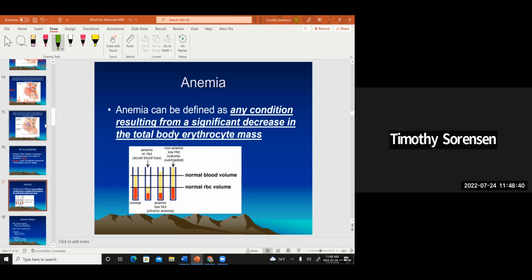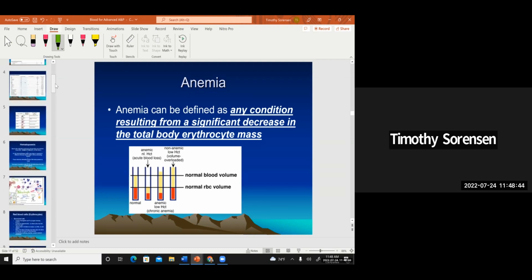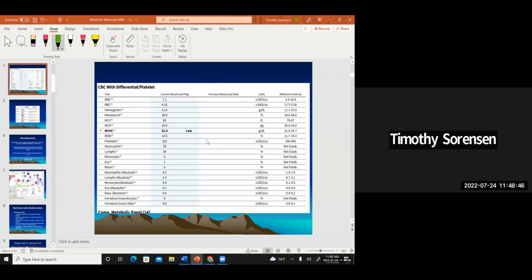So if you look, here is a CBC with a differential. Now, here is the red blood cell count. This is the total red blood cell count. Now, if it's lower than normal, then you are anemic. And there's 20 different anemias, and I'm going to concentrate on just a few.